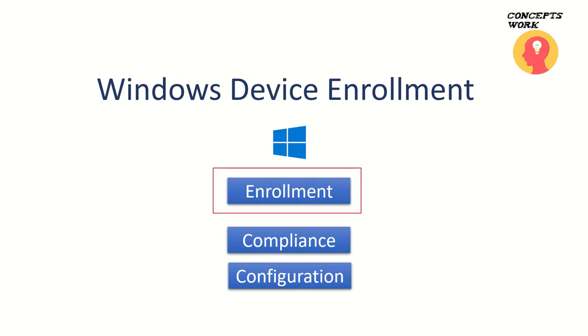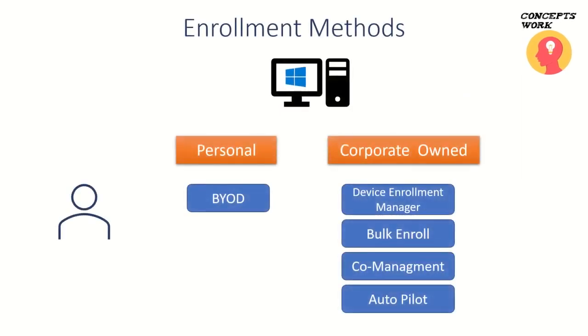As I'm talking about Windows, the device which you are trying to enroll can be personal or it can be corporate owned. If you are enrolling your personal device, then the enrollment method will be BYOD.